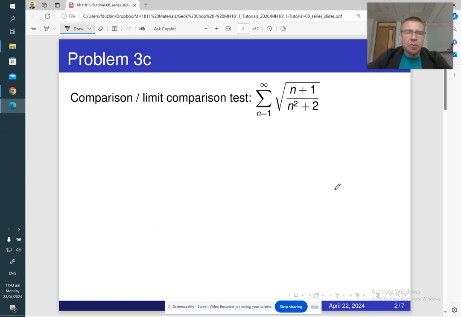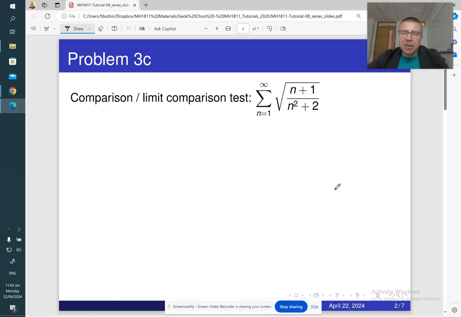So here is problem 3C from tutorial 8. And the question is to figure out whether the given series converges or diverges using the limit comparison test. When you look at something like this that has a fraction and a square root, the intuition is that in the numerator you have n plus 1, in the denominator you have n squared plus 2.